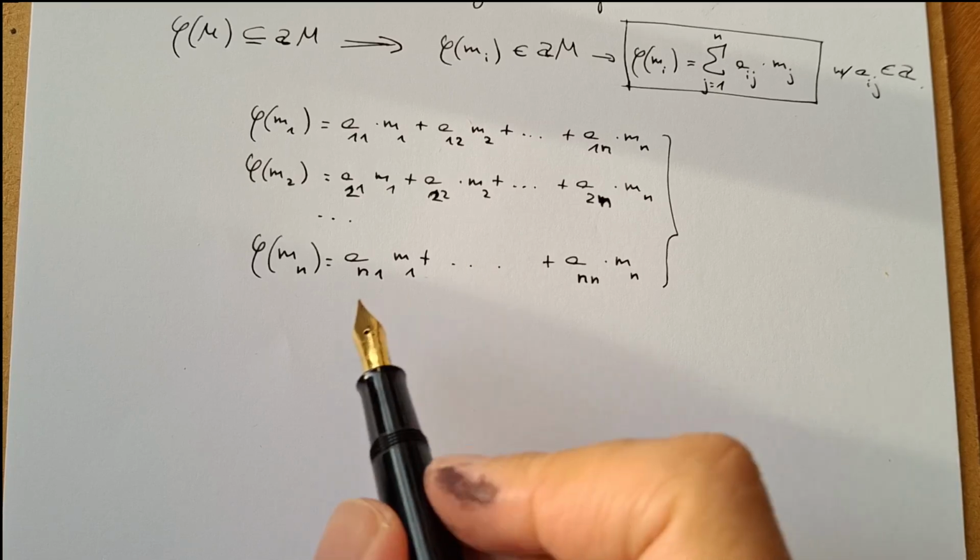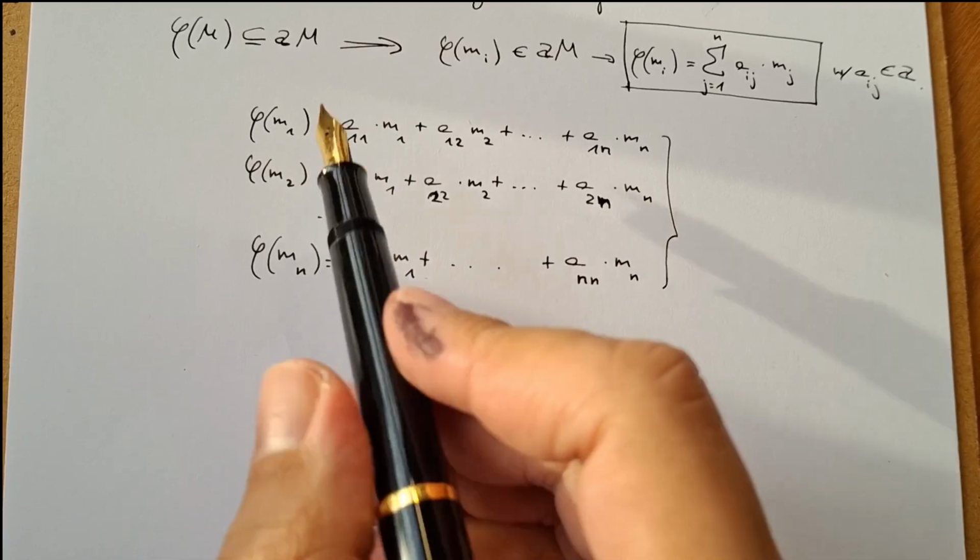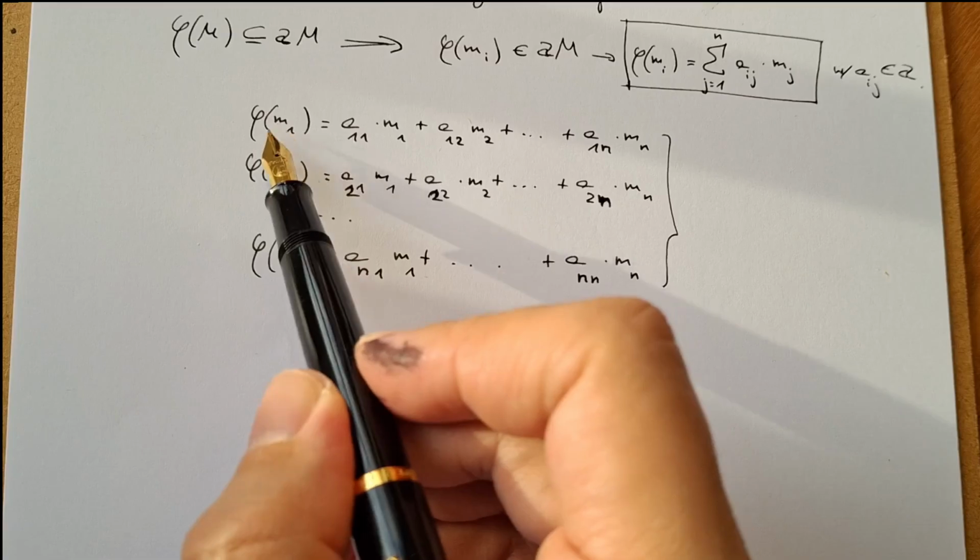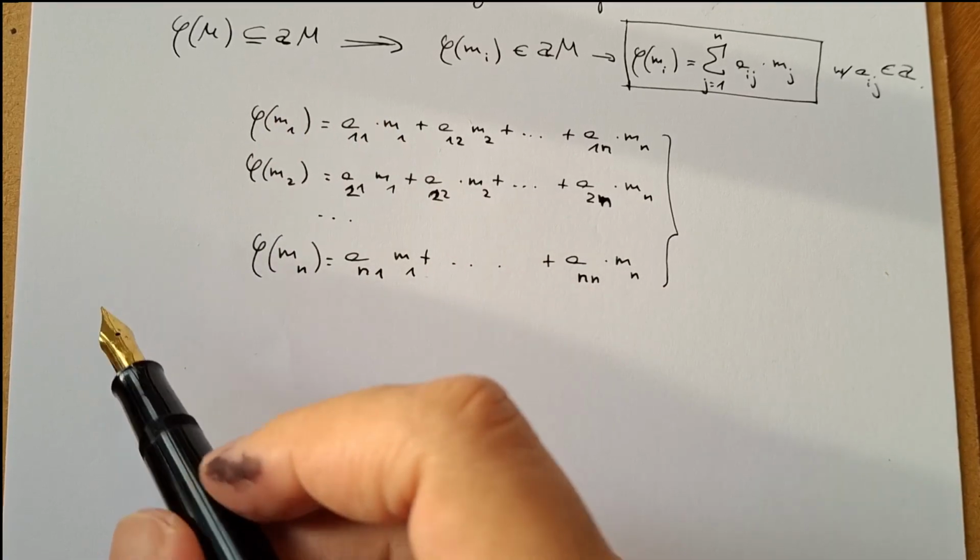Now, we can rearrange this, and it's basically moving psi of m sub i to the other side.